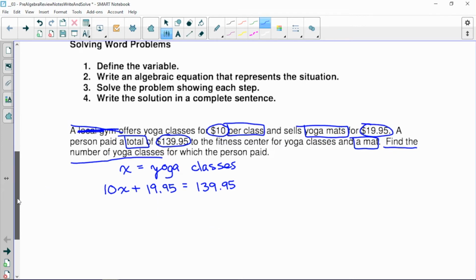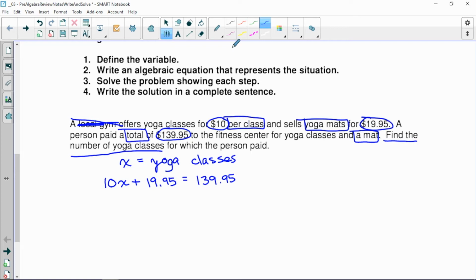Now we're going to solve showing each step. I want to isolate the variable, so I'm going to get rid of 19.95. I'm going to subtract $19.95 from both sides of the equation. And I get 10 times the number of yoga classes, 10x equals 120.